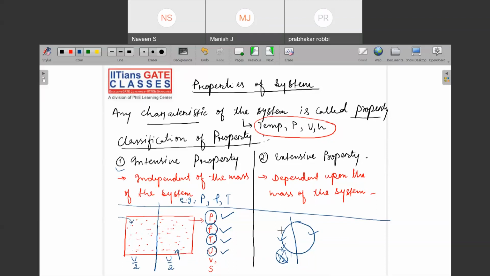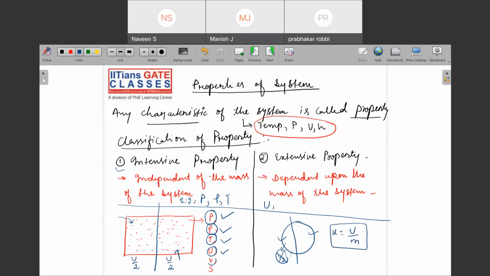That means energy is an extensive property. See, I am writing it in capital letters. Capital letters are for absolute values, and if I write it with a small letter, that means U per unit mass. We'll talk about this also, but let us first finish this one.